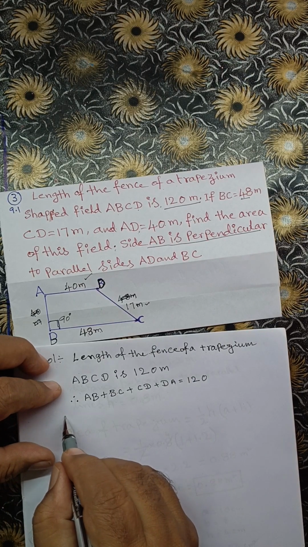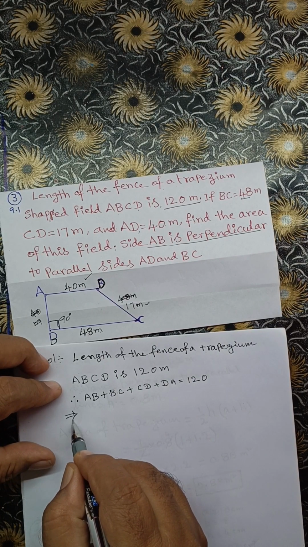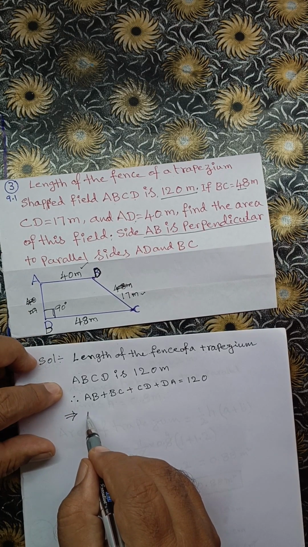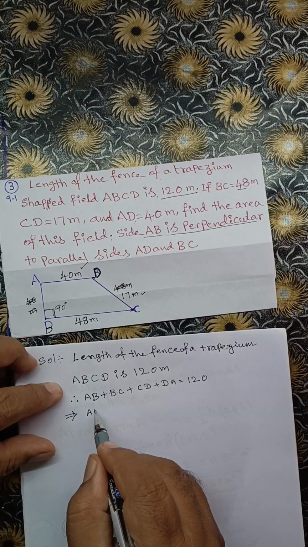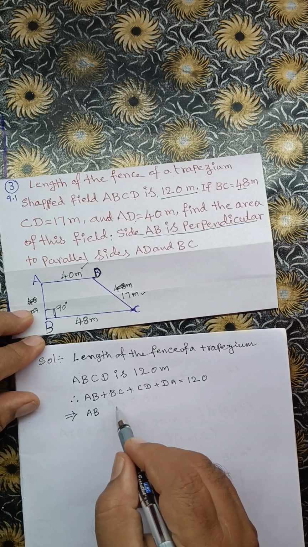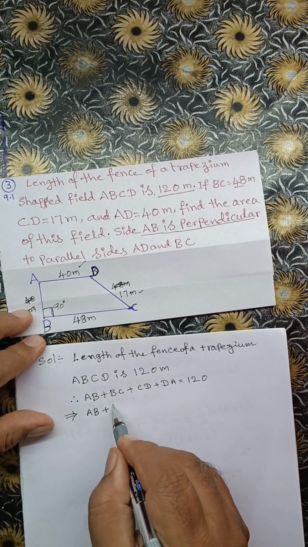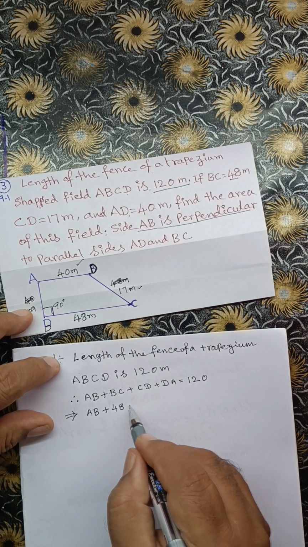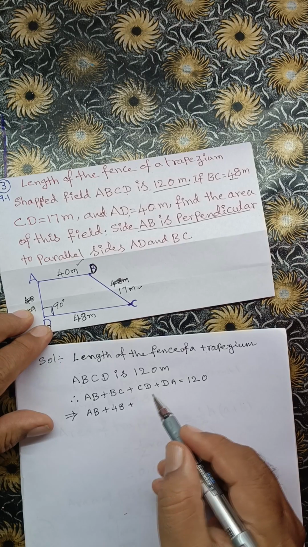Now we can substitute the values. What is the value of AB? There is no value. So AB. What is the BC? Plus 48 plus CD.